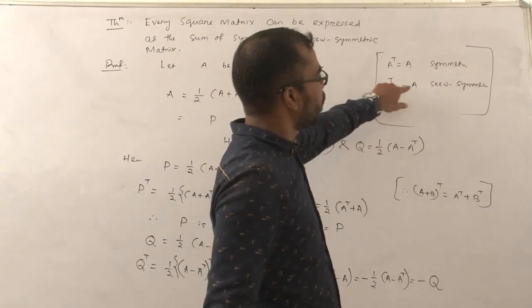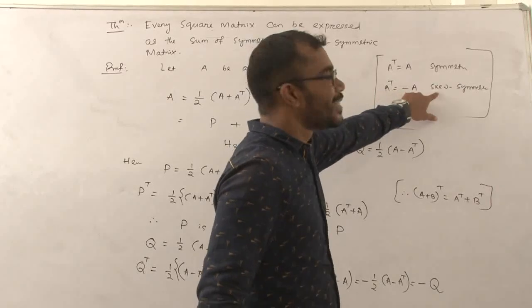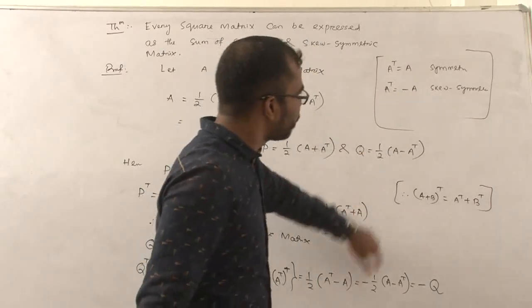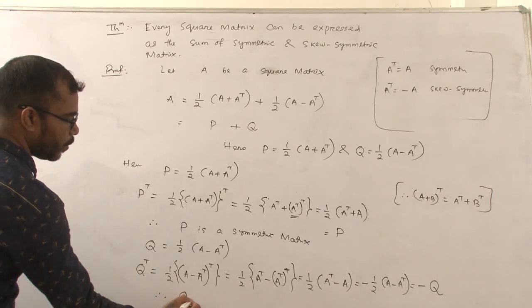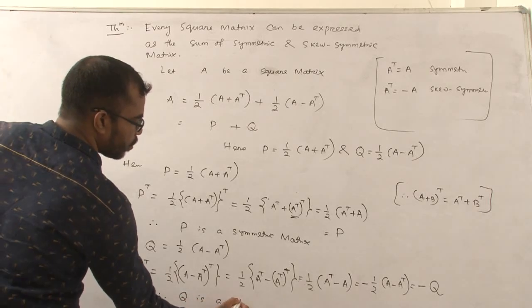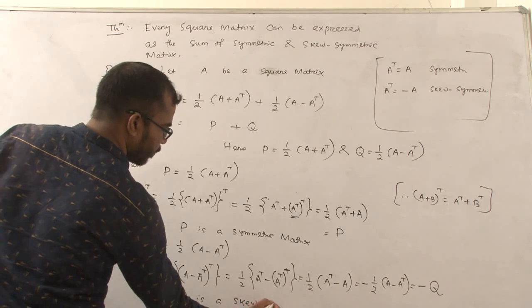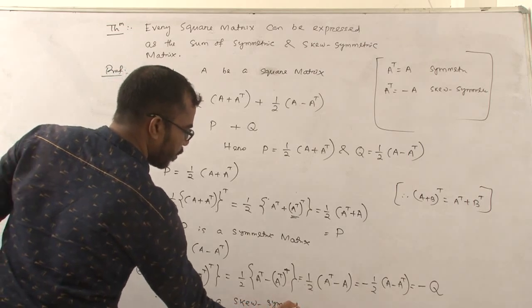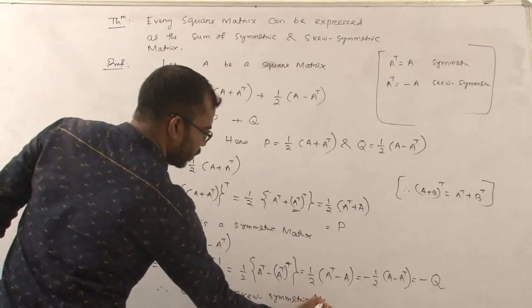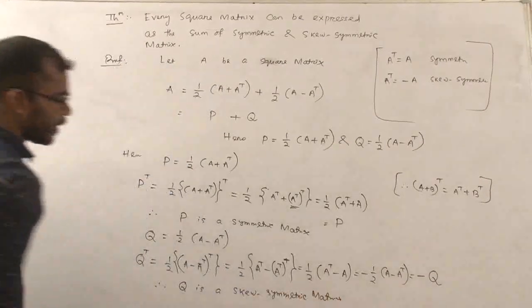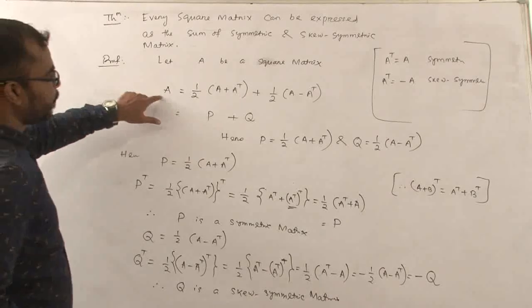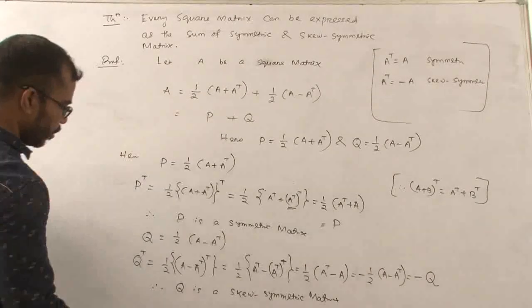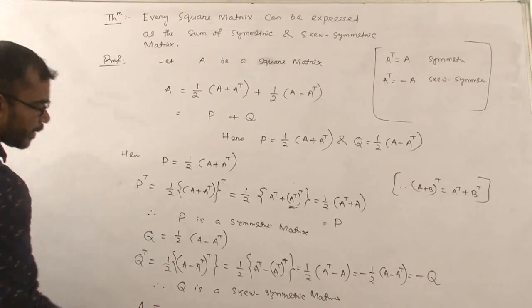Here transpose of A equal to minus A means skew symmetric, so it satisfies the given condition. So here Q is a skew symmetric matrix. So A is expressed as P plus Q, and A is any square matrix.